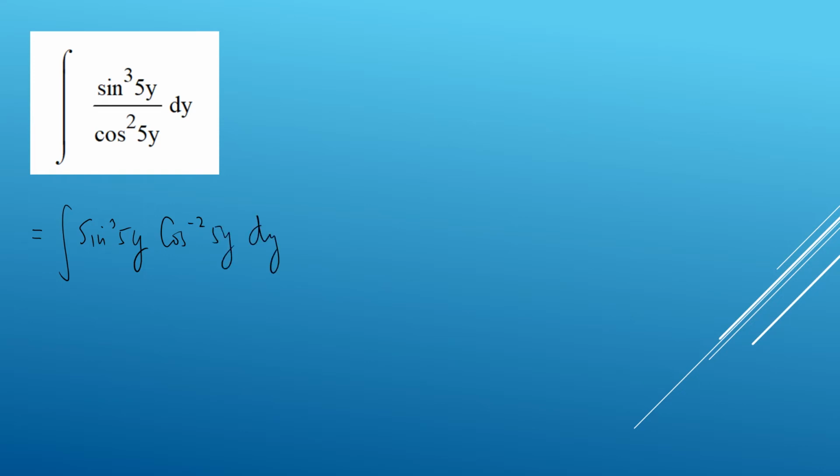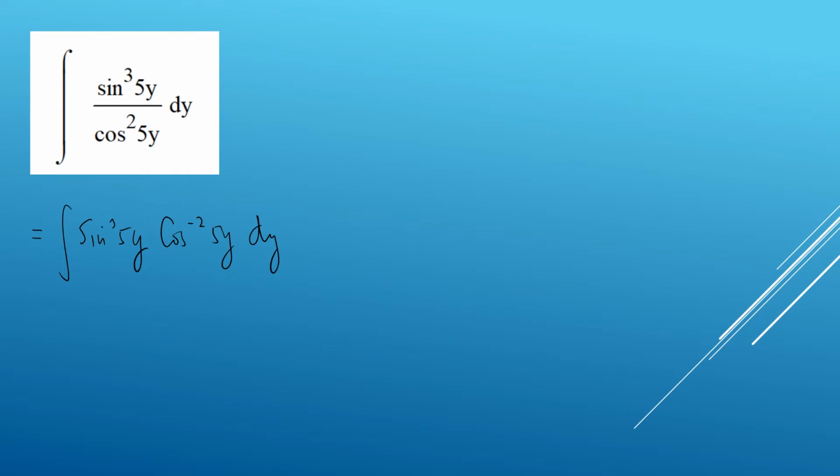Instead of using the reciprocal function of cosine, which is secant, we will simply write 1 over cosine squared as cosine raised to negative 2, because if we introduce a secant function, sine and secant are not quite compatible with each other.